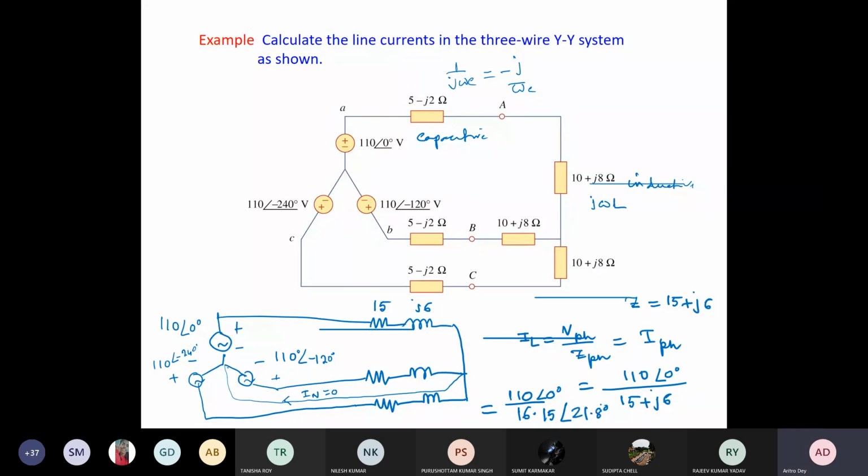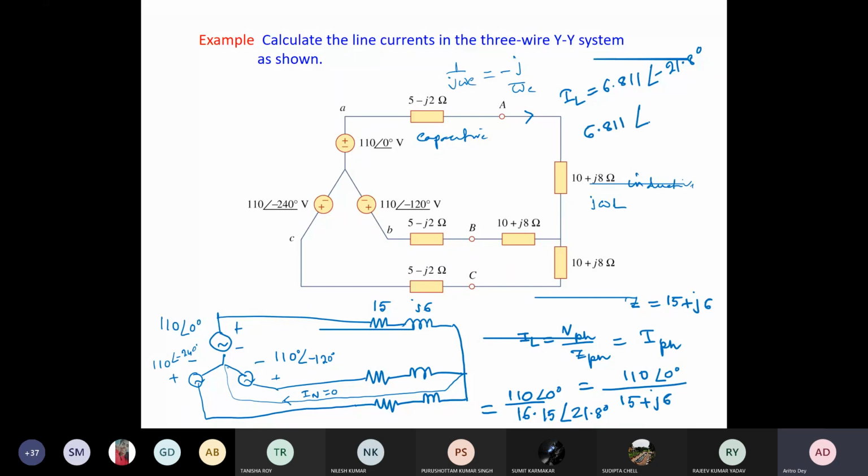So your line current here, which is the same as the phase current, turns out to be 110 divided by 16.15, which is 6.811 angle minus 21.8. This is your line current for phase A.